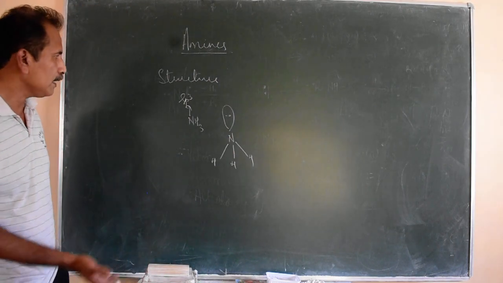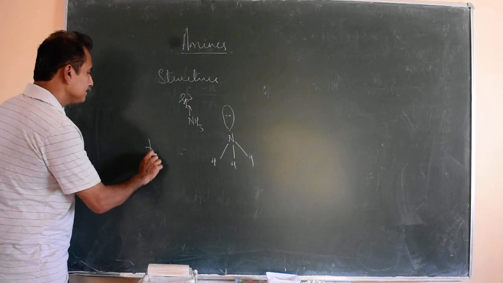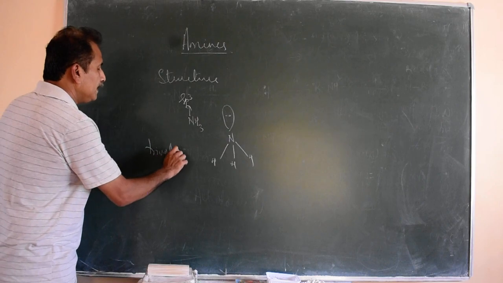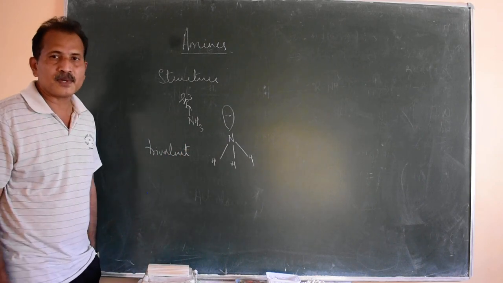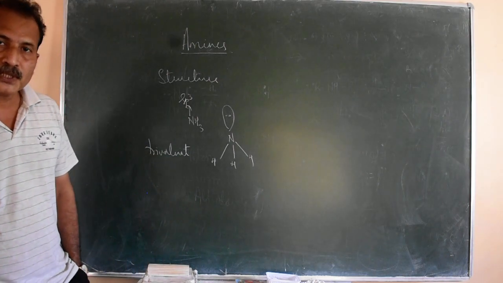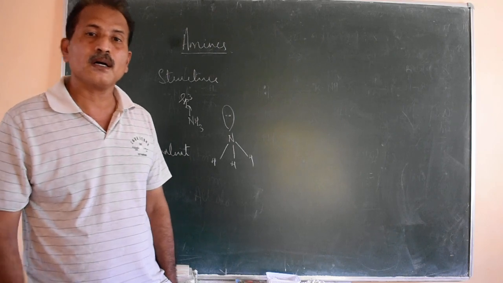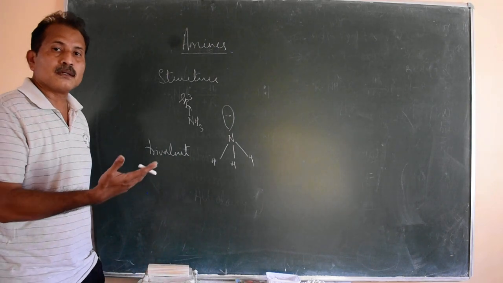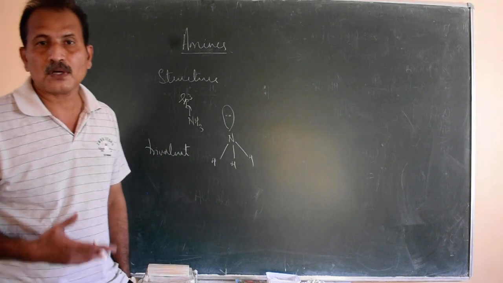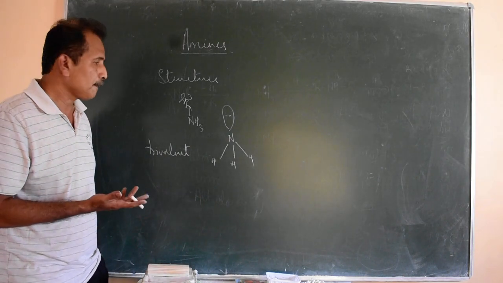In similar manner, in amines also, the nitrogen atom is trivalent, and it undergoes sp3 hybridization, and the sp3 hybridized orbitals will overlap with either the orbitals of hydrogen or orbitals of carbon, depending upon the composition of that amine.